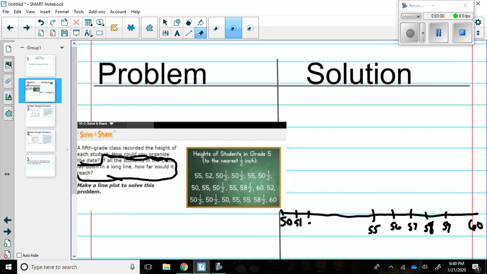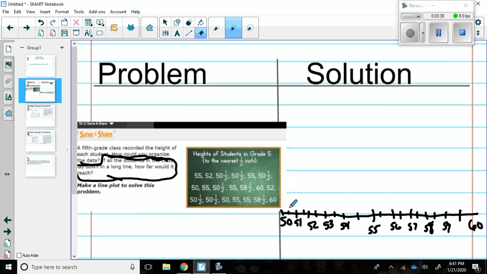And I want to go this way. 51, 52, 53, 54. Okay, I know it's not the most even, but hey, I did my best, right? I also see that there are halves. I know a half is the midpoint between two whole numbers. So on each number, I'm going to place a little tag here, a little dash, to represent the half mark.